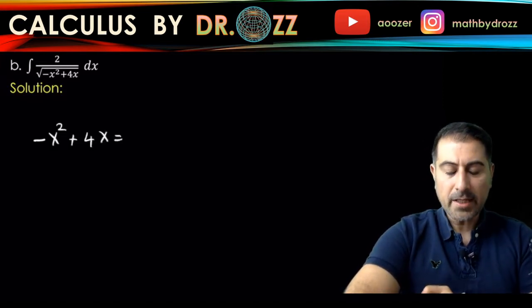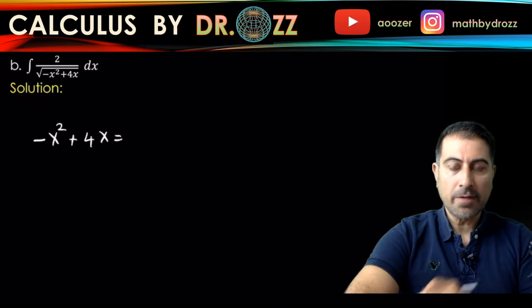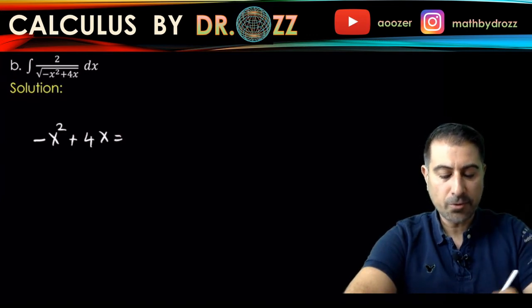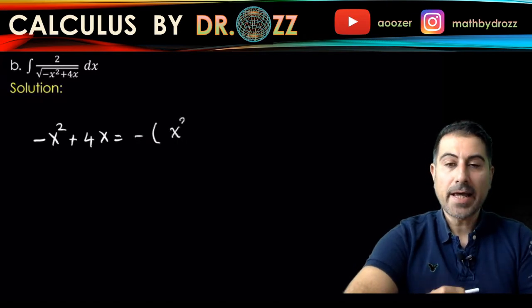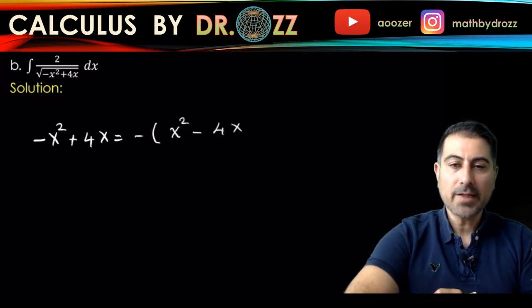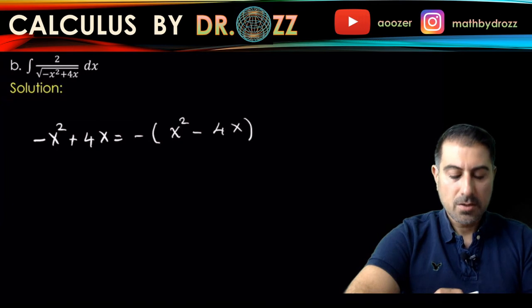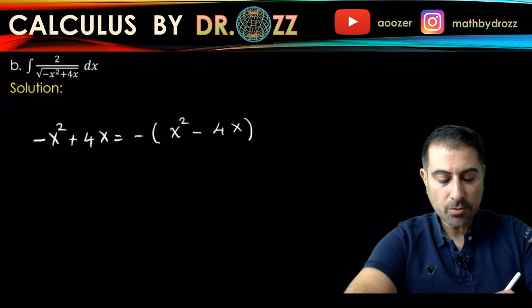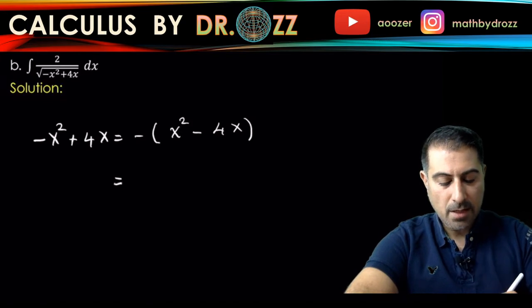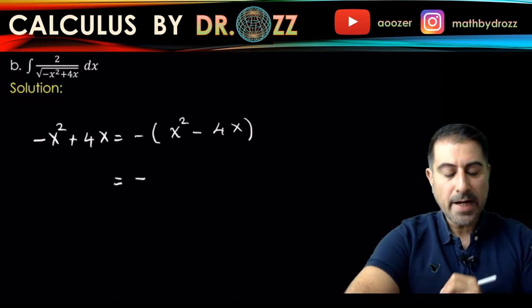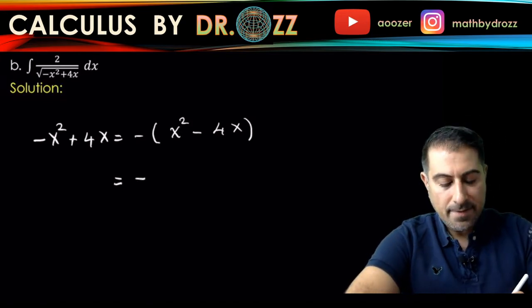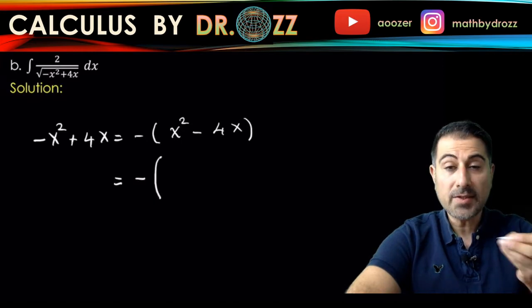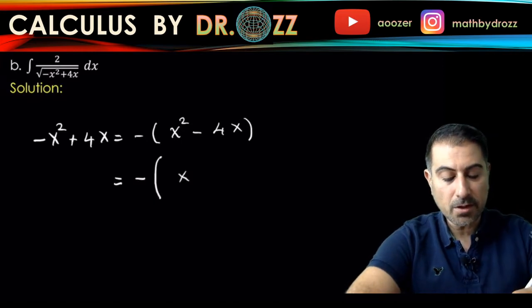Generally, when we have x squared coming with a negative coefficient, we pull the negative out first. Okay? And now I have x squared minus 4x. I'm going to apply the same strategy here. The minus out front, obviously, I'm not touching that. In the bracket, I'm going to have x plus half of the coefficient of x.